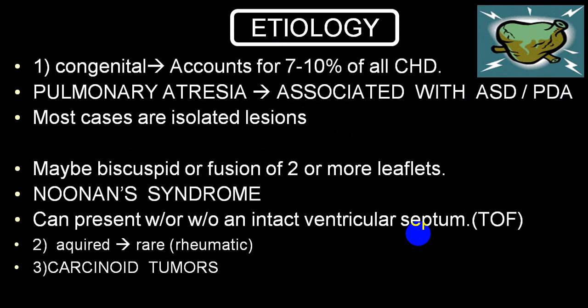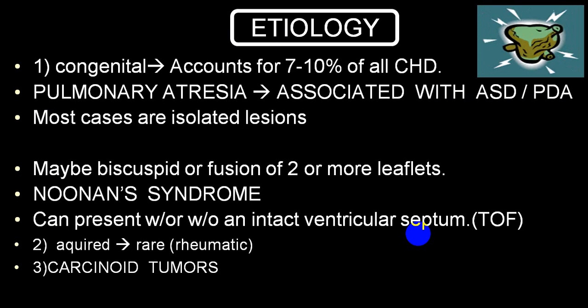We have already told you etiology wise congenital. It will account for 7 to 10% of all congenital heart disease. It can be isolated or it can be associated with ASD, PDA and VSD. By and large, congenital isolated is usually bicuspid valve. There are some syndromes which can be associated with pulmonary stenosis like Noonan syndrome.